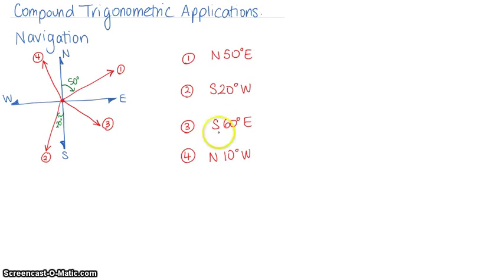When it says south 60 east, same idea. From the south we are going to go towards the east 60 degrees. And for north 10 west, that means from the north we are going to go 10 degrees towards the west side.